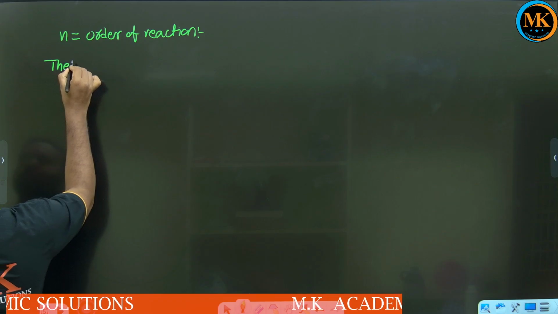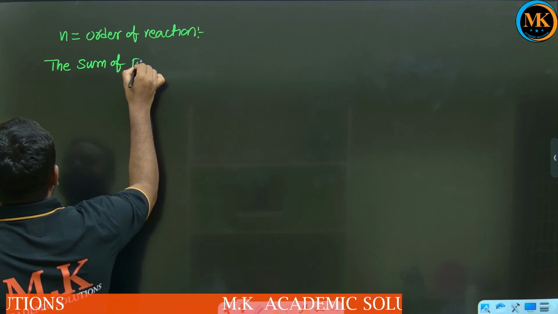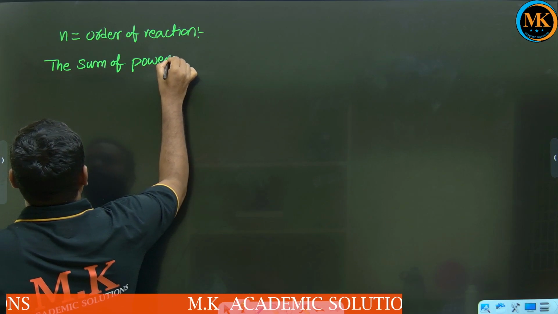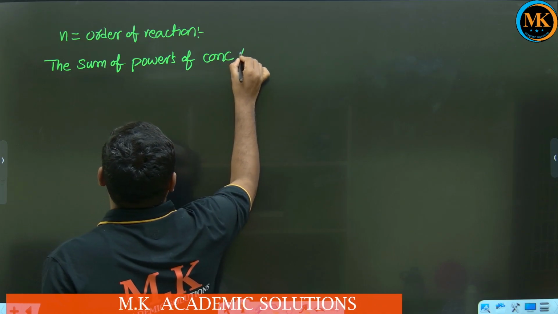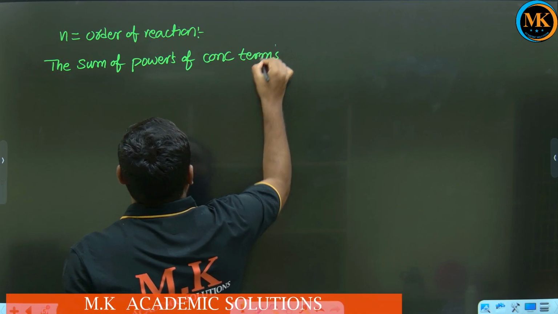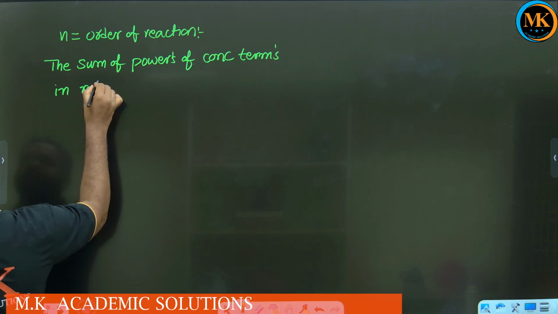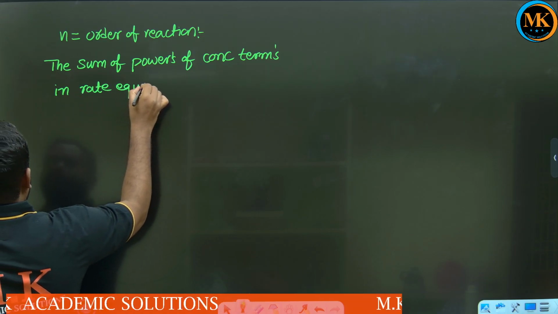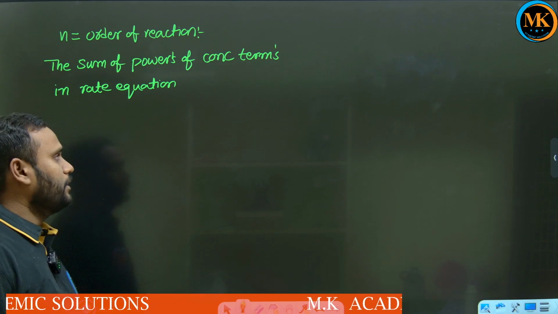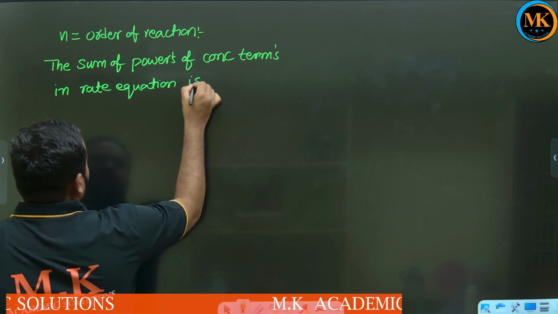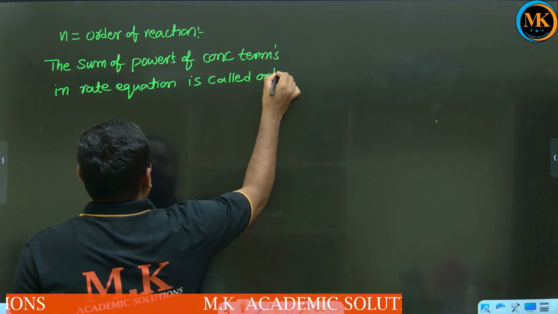The sum of powers of concentration terms in the rate equation, or rate expression, or rate law is called the order of reaction.